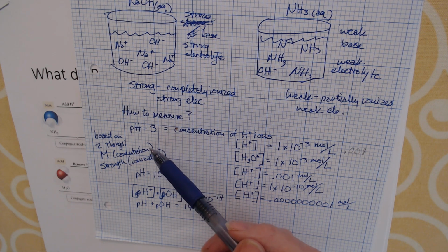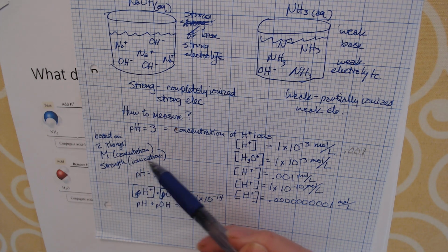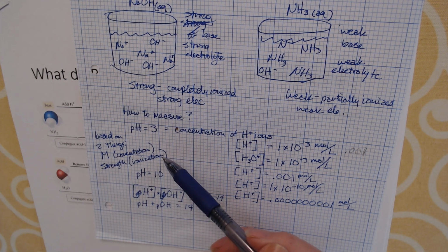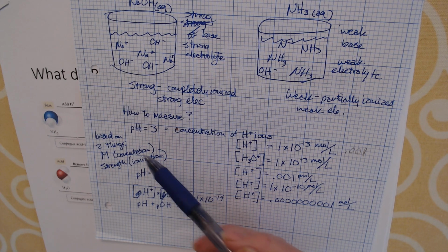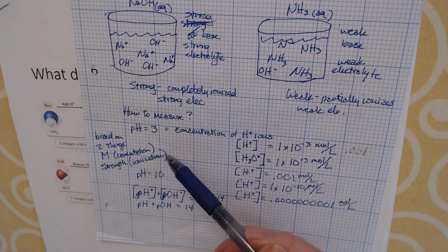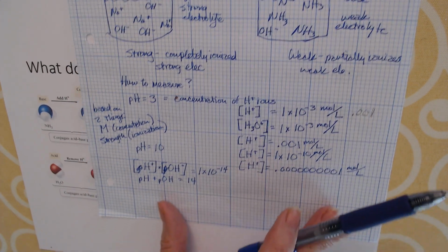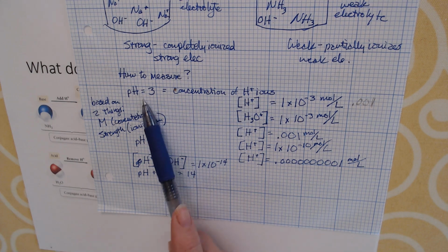And then the other thing that affects it is strength, and strength refers to ionization. Okay, so these two things are working together, and you'll need to be able to differentiate these two terms and what they really mean. Okay, all right, so this is when we have an acid.